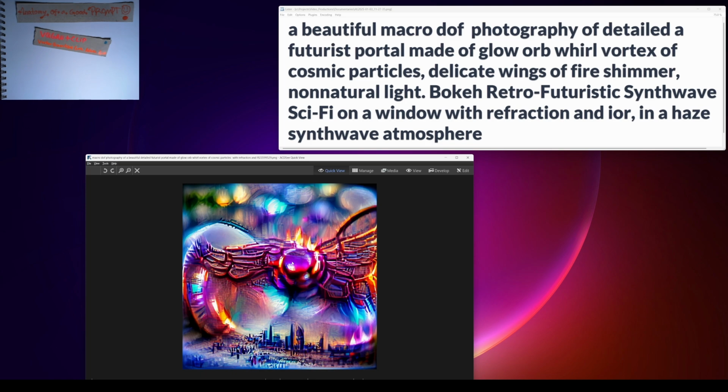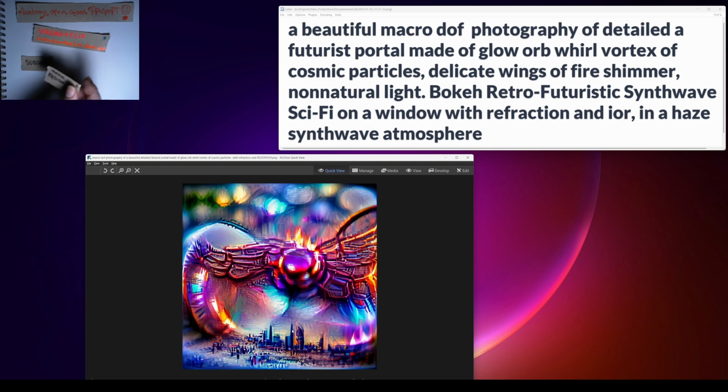If we go back here, we can see the subject that I was speaking about earlier. The subjects are the orb, the wings, and here we have some weirdness, probably because I used synthwave a little bit too much, and details, futuristic, portal, so we have a mix. These are the subjects.